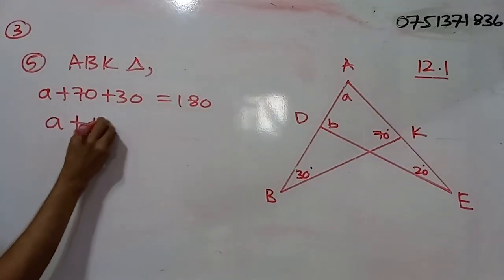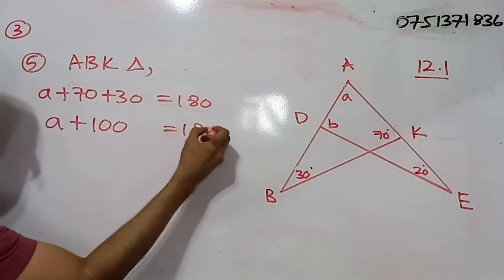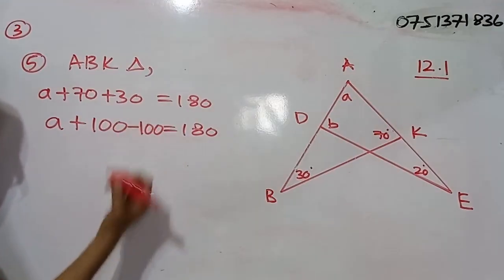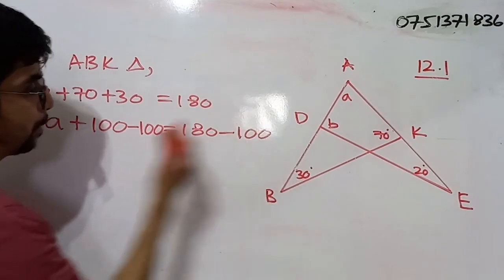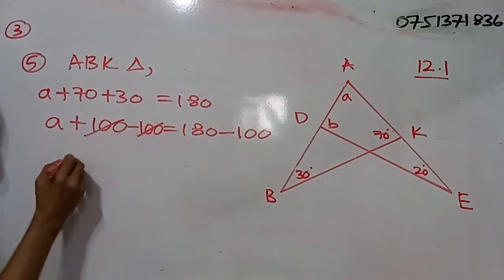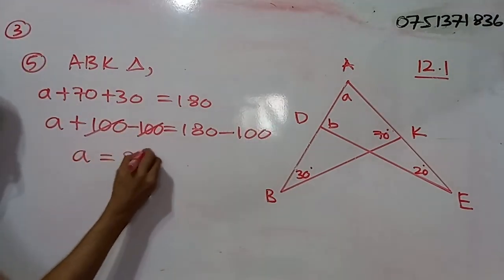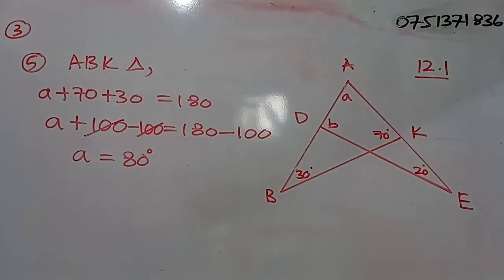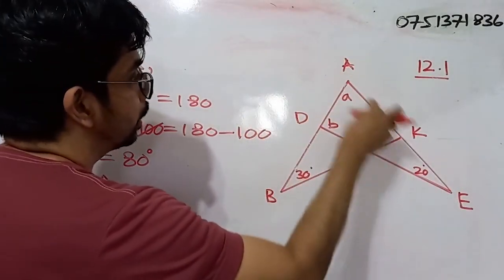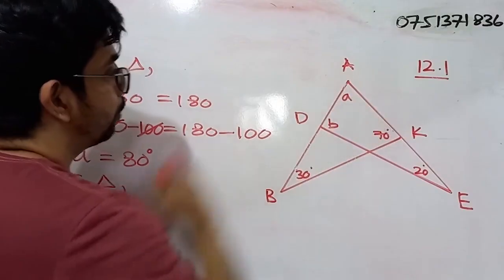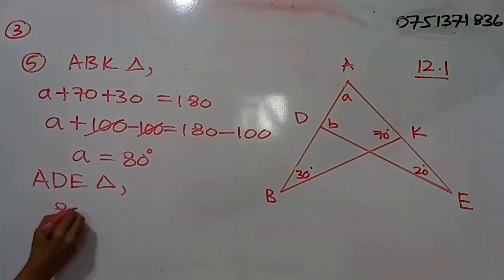So A plus 100 is equal to 180. So we can subtract 100 from the left side. Do the same thing to the other side. So we can cancel off the 100. A is equal to what? 80 degrees. Now take the ADE triangle. So A, we know, is 80 degrees.